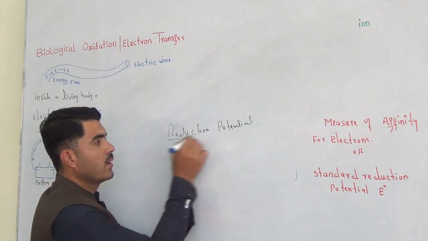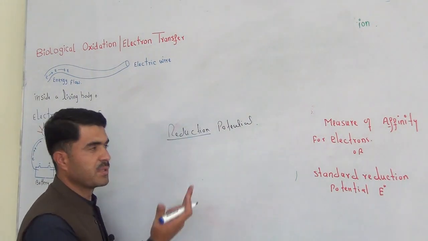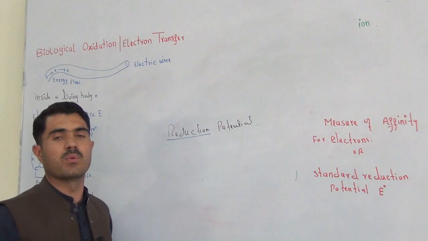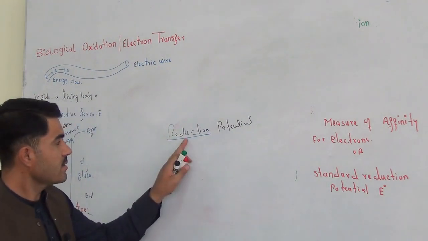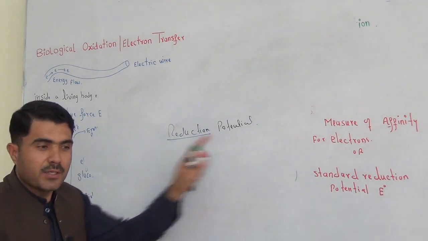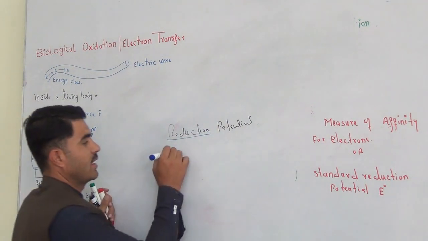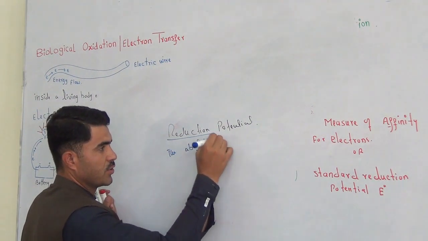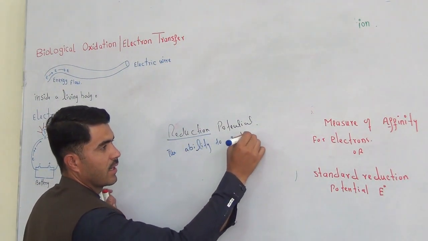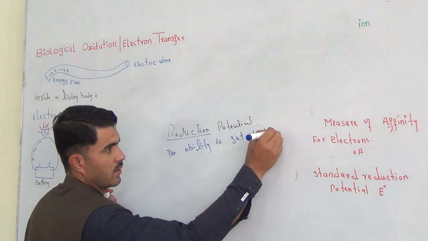We know the meaning of reduction. What is meant by reduction? A potential is a word that shows the ability, the power. It means the ability to get electrons is called reduction potential. The ability to get electrons.